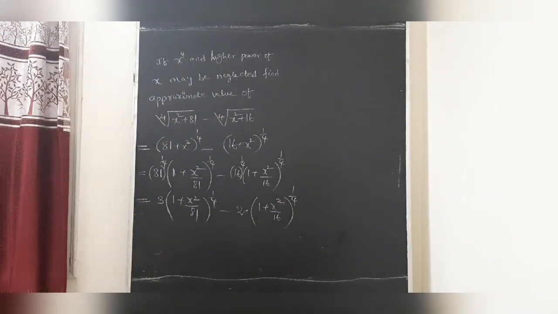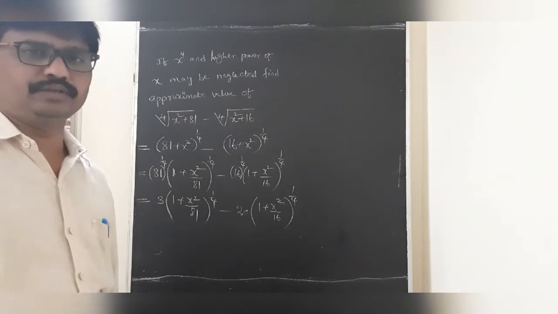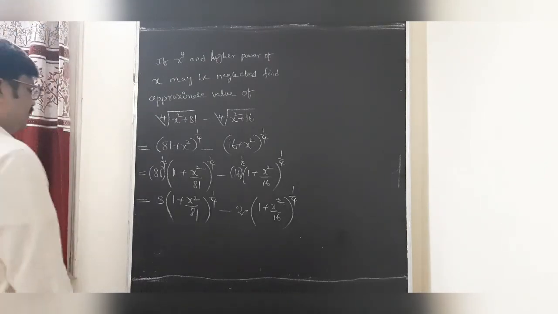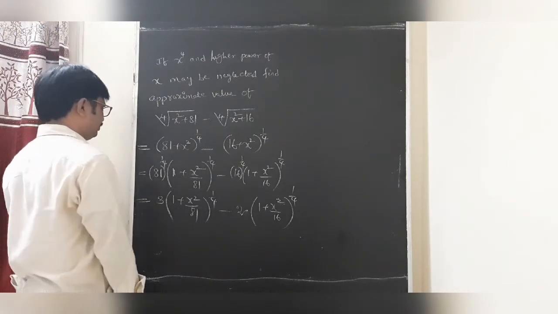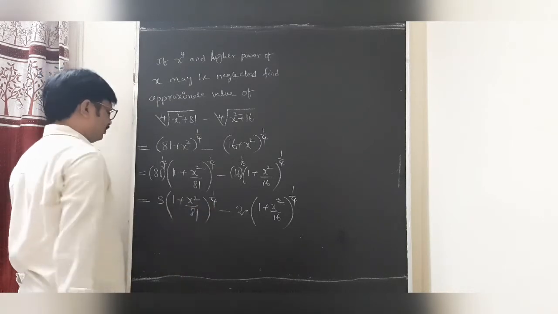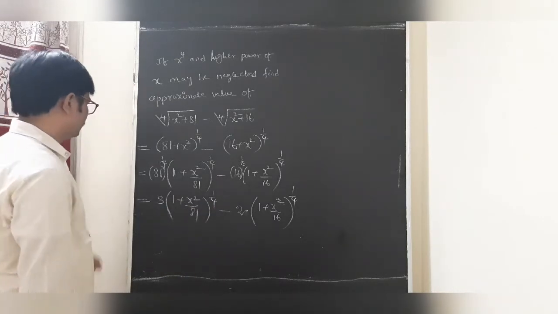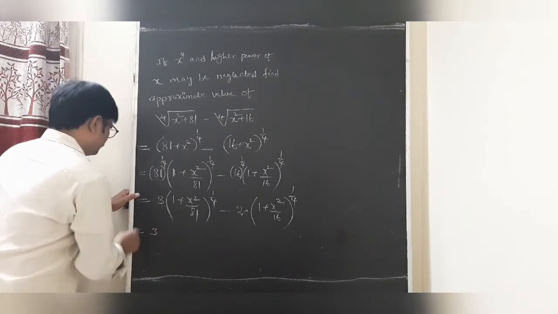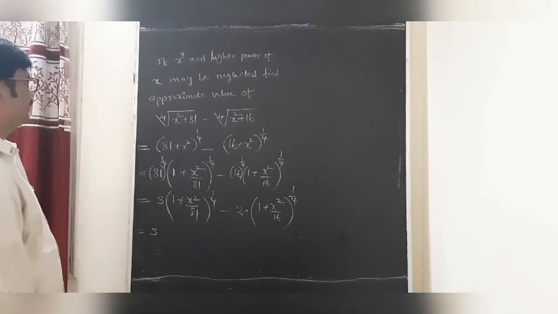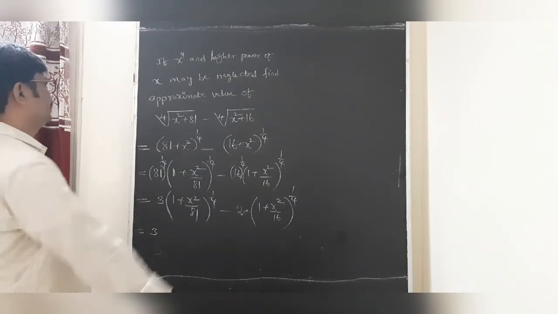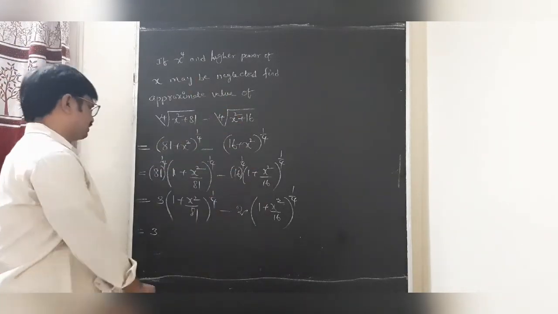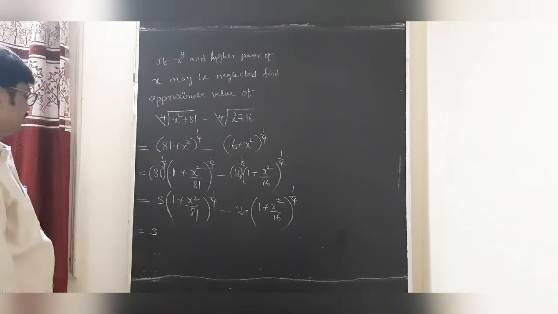My dear students, how can you write this? Now we have to compare with (1 + x)^n. They are asking here that x power 4 and higher powers of x are neglected.